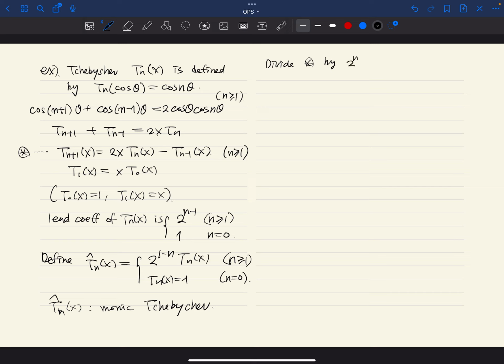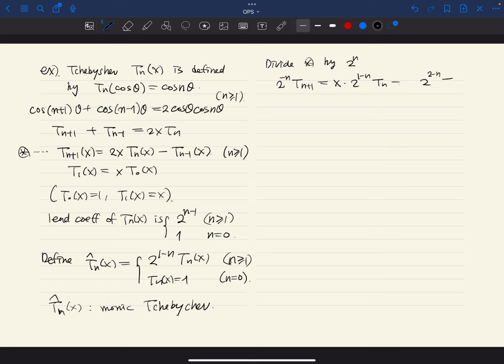Then see what happens. 2 to the minus n, T_{n+1} equals x times 2 to the 1 minus n, Tn, minus 2 to the minus n, T_{n-1}.